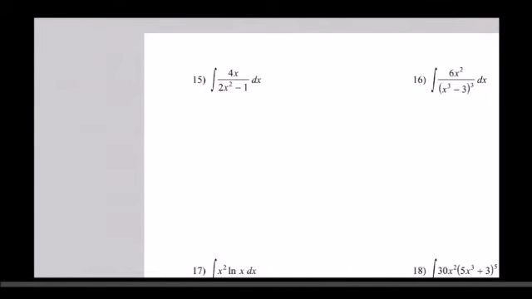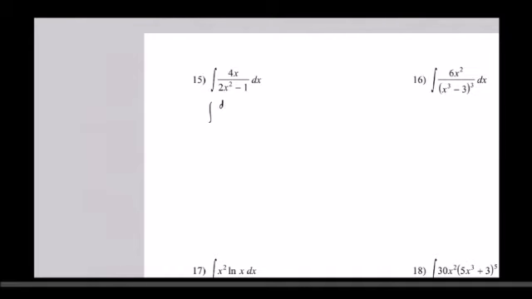It looks like right off the bat what I'm noticing here, if I want to let that equal u, then the denominator is just du. So this is kind of a nice one. We've got du over u. We don't even have to multiply by a coefficient or anything.